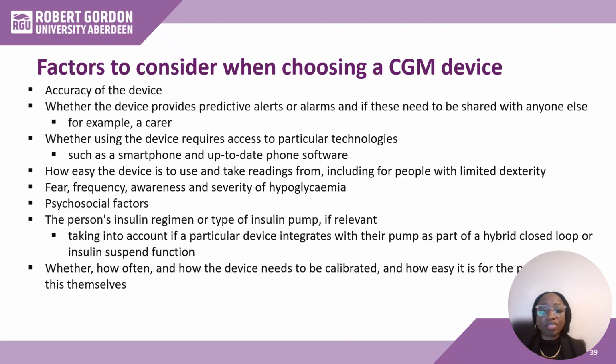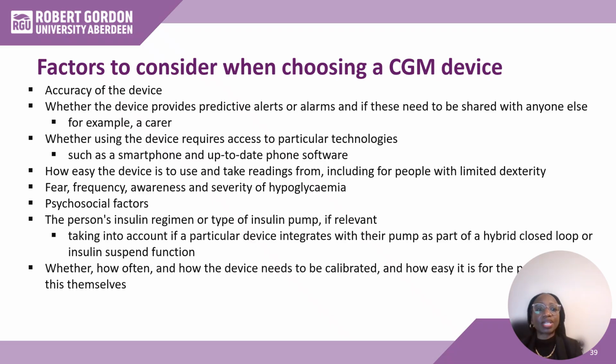So accuracy of the device is another factor to consider, and also if the device provides predictive alerts or alarms, or if these need to be shared with anyone else, for example, a carer, whether using the device requires access to particular technology such as a smartphone and up-to-date phone software, how easy the device is to use and take readings from, including for people with limited dexterity. So that's something to always consider.